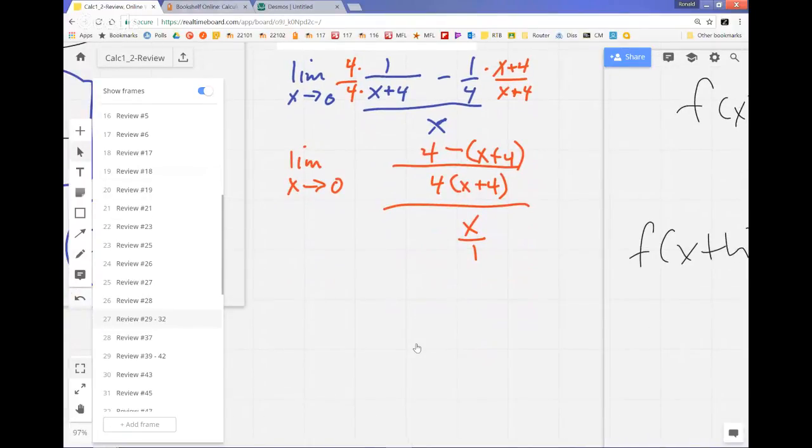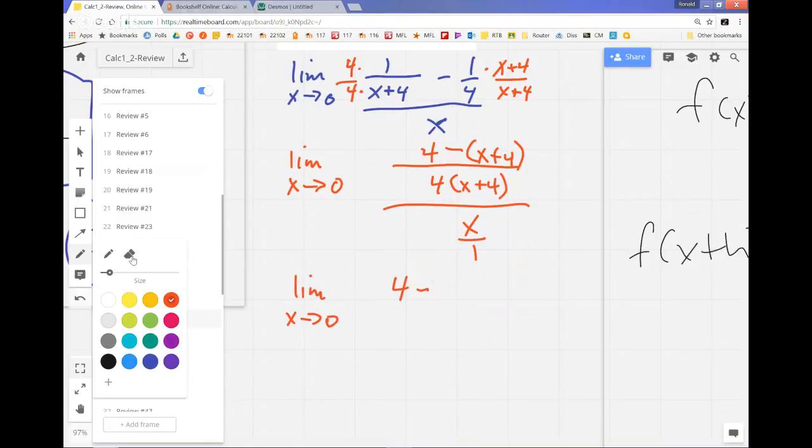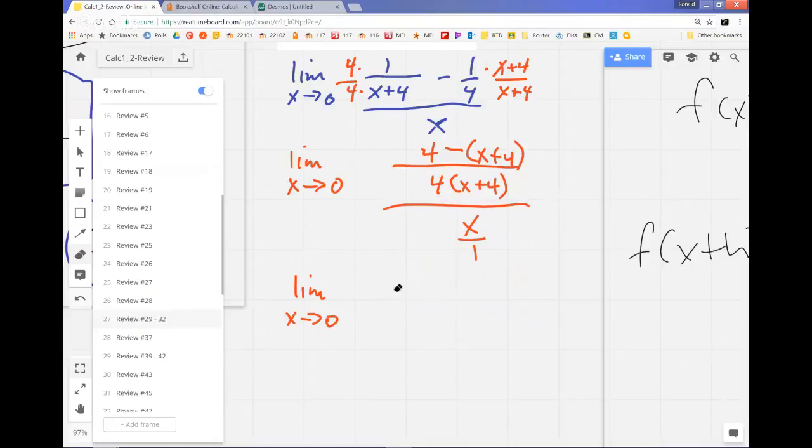So now we can do limit as x approaches 0, 4 minus, and let's do that top. What is 4 minus x? What's 4 minus 4? Gone. And then we have to subtract the x, correct?